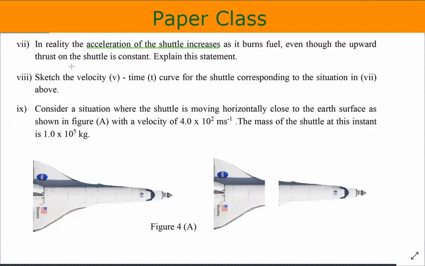How does the mass of the shuttle decrease, dear? Because the fuel is burned. So I think you know this one. The thrust is constant. The thrust means force acting on the rocket is constant. We know that if F is constant, according to F equals ma equation, acceleration should be constant.